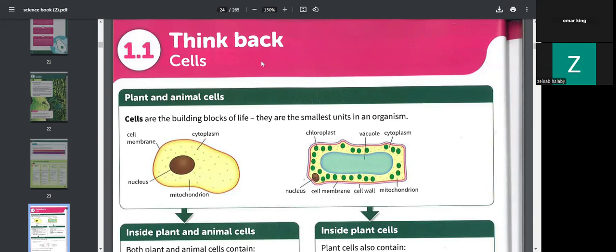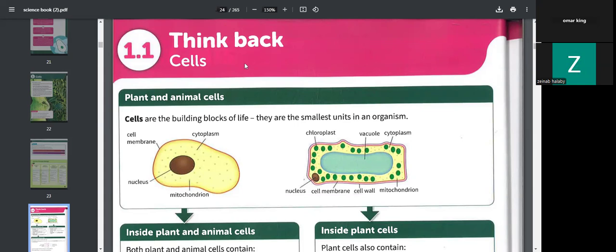Many tissues together give us organs, and many organs together make up systems, and many systems make up the human body. And before tissues, we have cells. The cell is the structural and fundamental unit of the living organism.